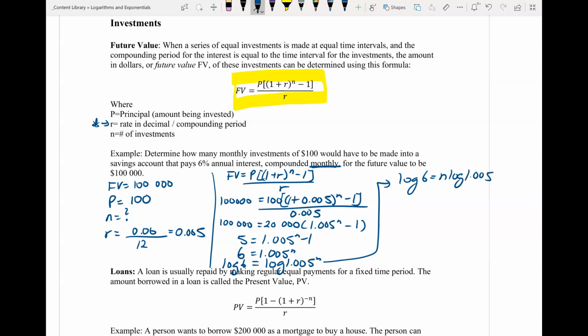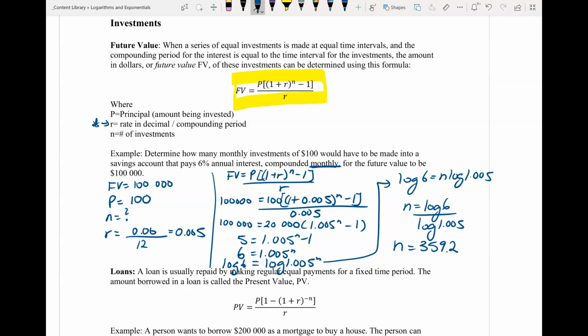And then divide both sides by log 1.005. You can plug this into your calculator. So n is 359.2.